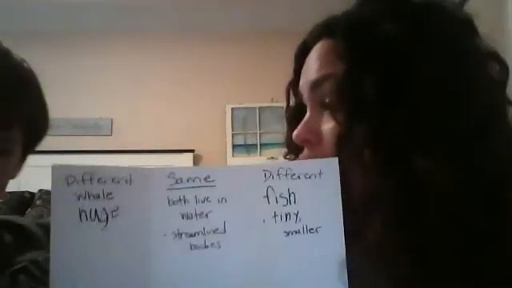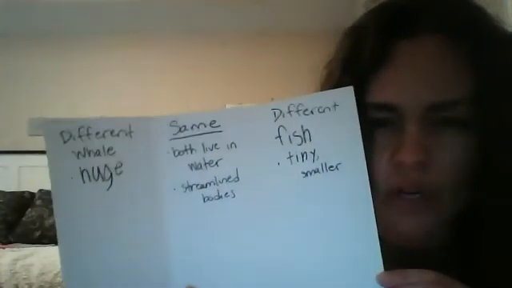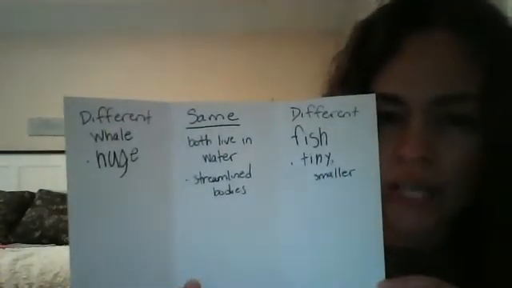You're right, they can be super tiny like the one that we just saw in the text, but I'm going to add the word smaller because fish can come in all different sizes, and sharks, some are not so tiny, okay? But they are smaller than whales, right? Yes. Okay, so you can put tiny or smaller. Okay, so there's definitely a difference in their size.